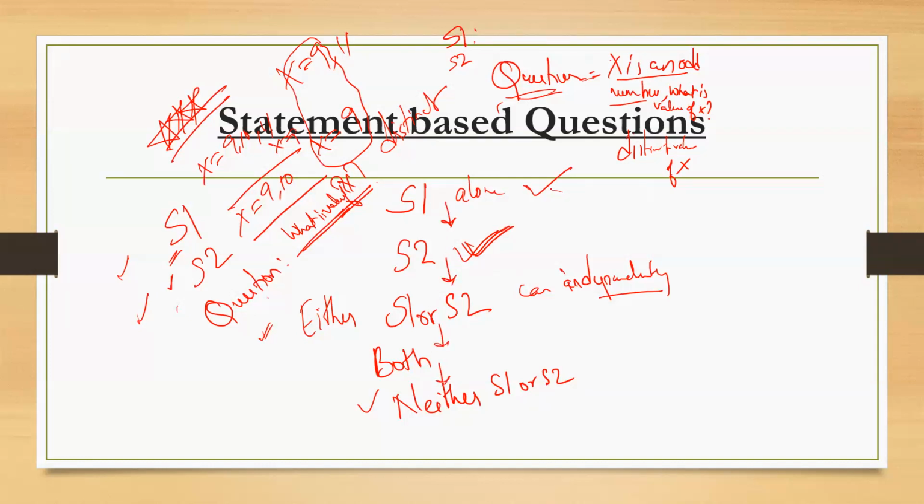If S1 alone does not give you the answer, then S2 alone, then either S1 or S2, then both, then neither. So if S2 alone is already sufficient to answer your question, then you don't have to go for both. Am I making myself clear?